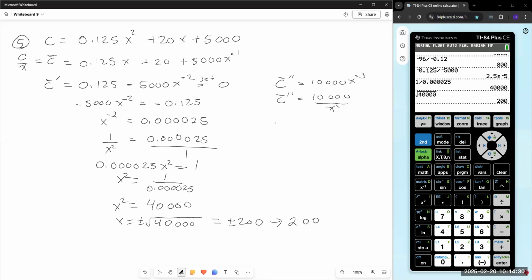Because C bar double prime of 200 is greater than 0, C bar has a local minimum when x is equal to 200 units of production. All right, let's look at number 6.